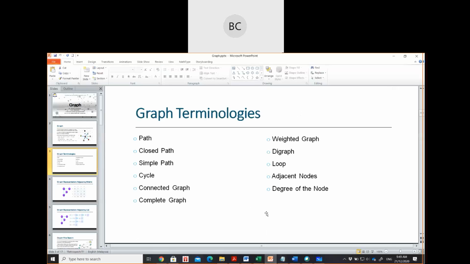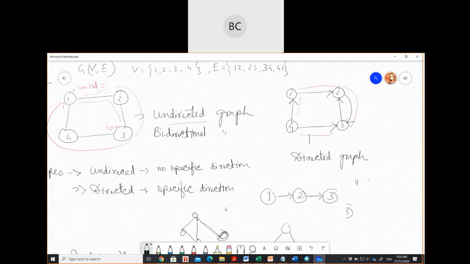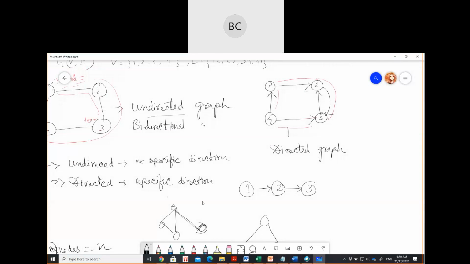weighted graph. Okay. Weighted graph, I mentioned about this term earlier. Weighted graph will be a graph when I provide some cost to the edge. Okay. If I am saying there is a cost between two vertices or nodes, then it will be a weighted graph.